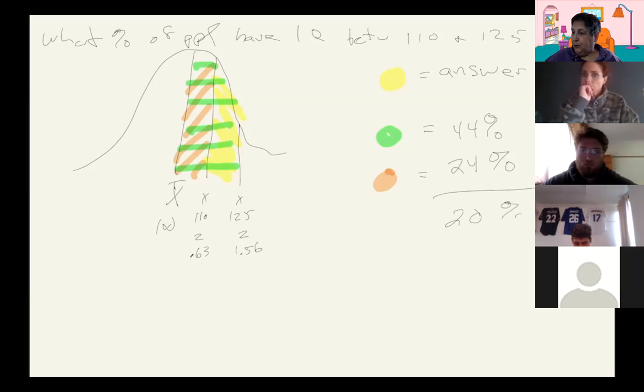And for those of you who are rounding with a little more finesse, you're going to get 20.49%, something like that. I'm fine with it rounded to this level.